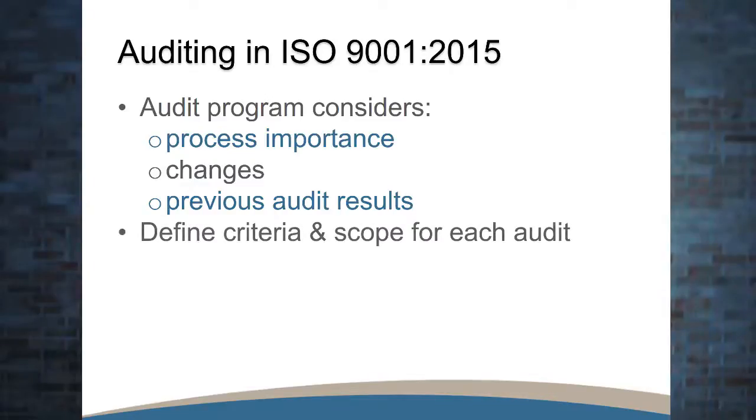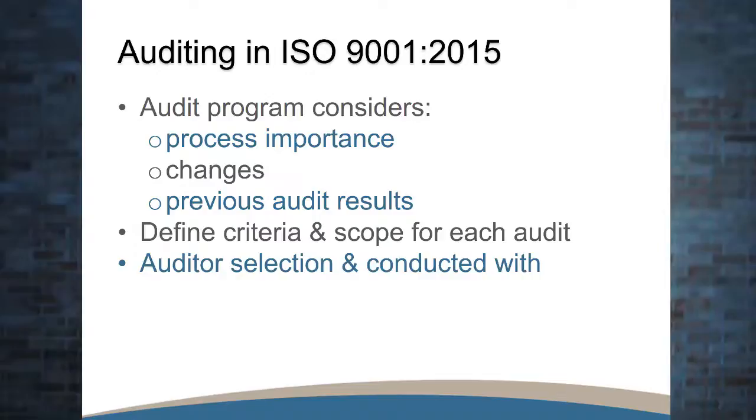scheduling and conducting audits. Audits often also need to be conducted while defining audit criteria and the scope very clearly, so not only the auditee but the auditor knows exactly what's going to be audited, when, and what the criteria is.